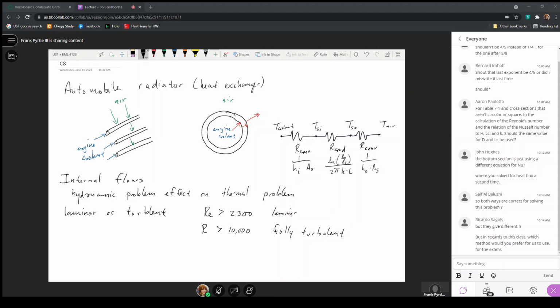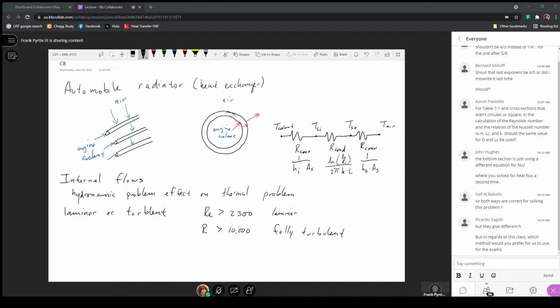But often, anytime the Reynolds number is greater than 2300, we would use the fully turbulent correlations. The reason is that, depending on the type of fluid used, when we fall in this range between 2300 and 10,000 for the Reynolds number, the way the heat transfer coefficients, or particularly the Nusselt numbers, would be calculated is very different.